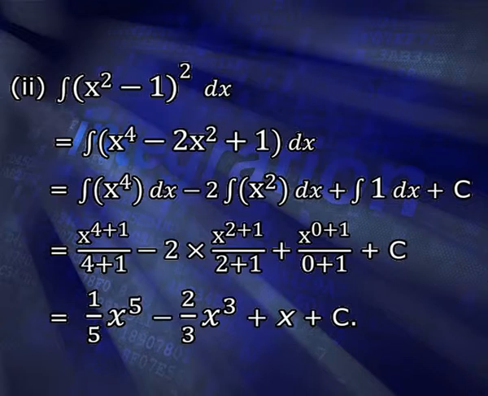So that is equal to x to the power 4 plus 1 by 4 plus 1 minus 2 times x to the power 2 plus 1 by 2 plus 1 plus x to the power 0 plus 1 by 0 plus 1 plus c. So that gives us 1 by 5 times x to the power 5 minus 2 by 3 times x to the power 3 plus x plus c.